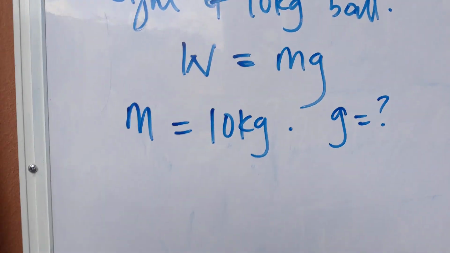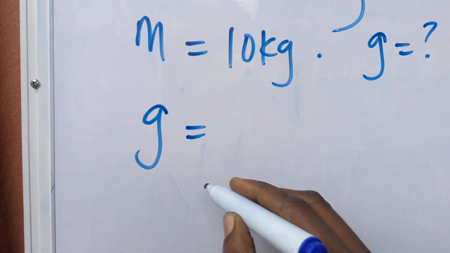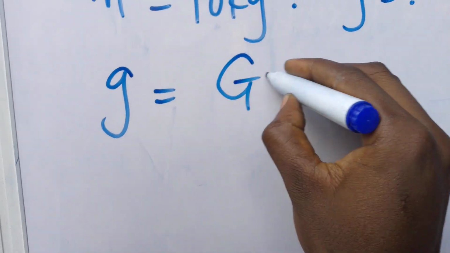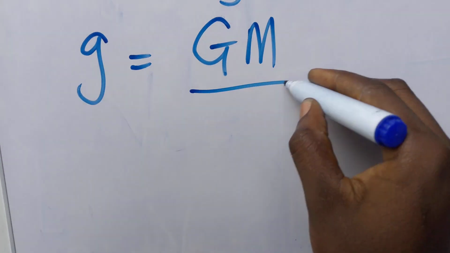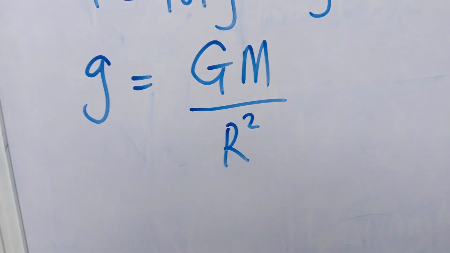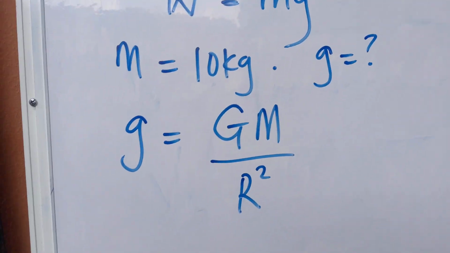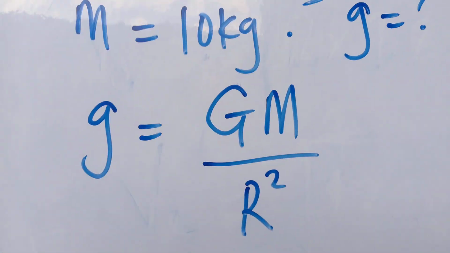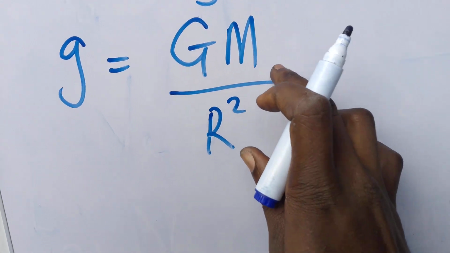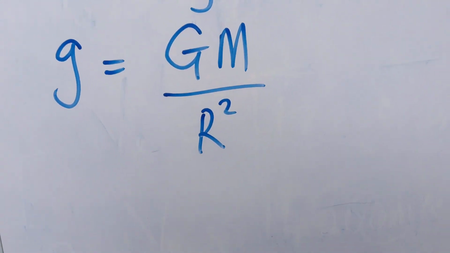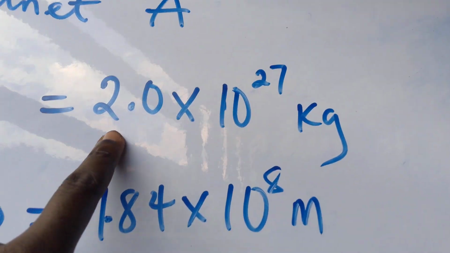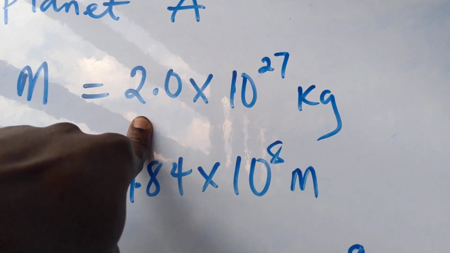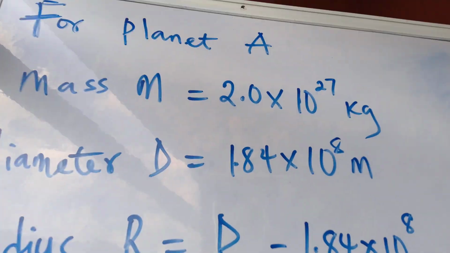G is unknown, so we say that g, acceleration due to gravity, is G m over r square. The m in this case is not this. It is this other one that is given to us as 2.0 times 10 raised to power 27.